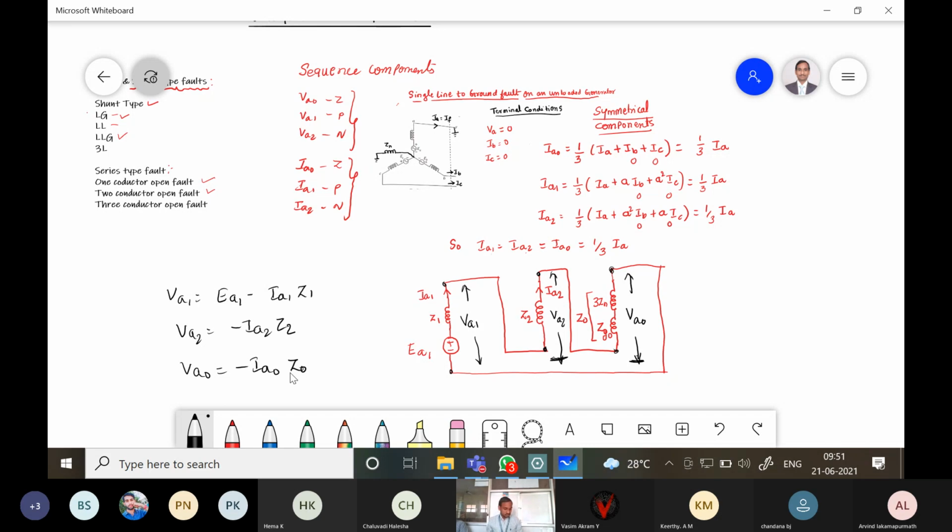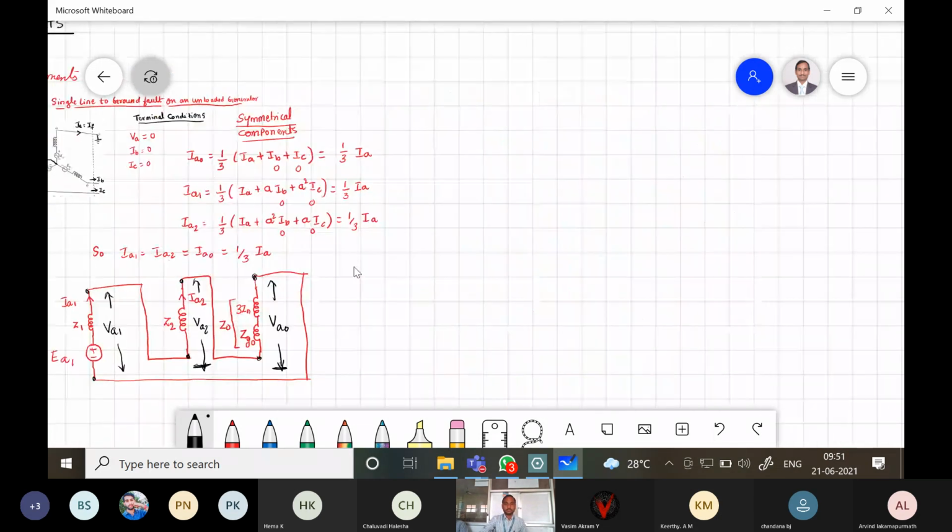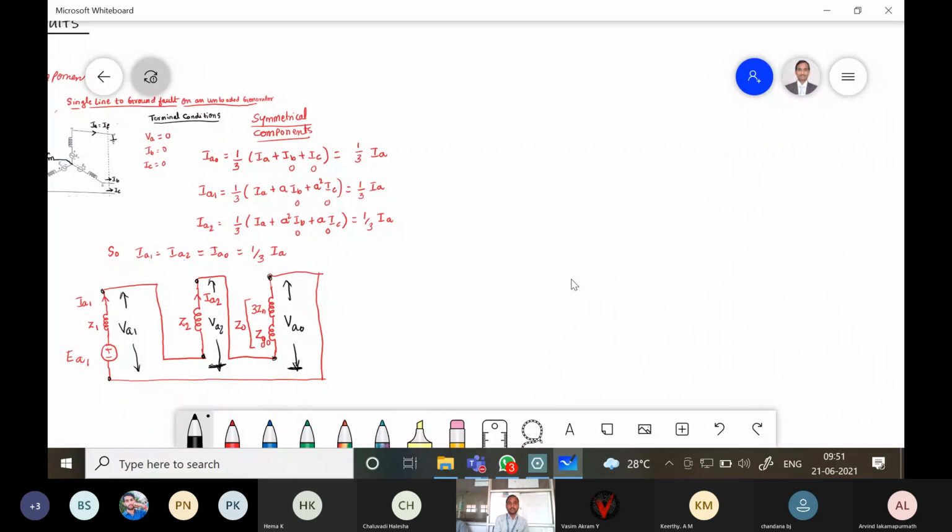So now we need to write sequence quantities. The following relation can be directly obtained: IA1, IA2 and IA0 are all equal, right?